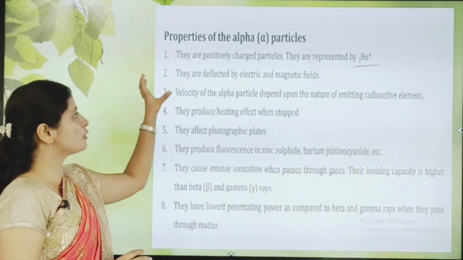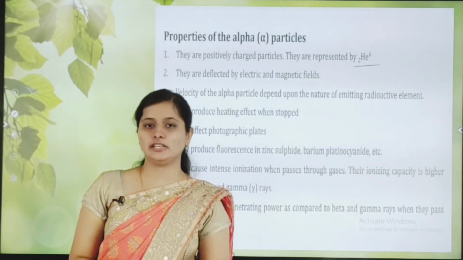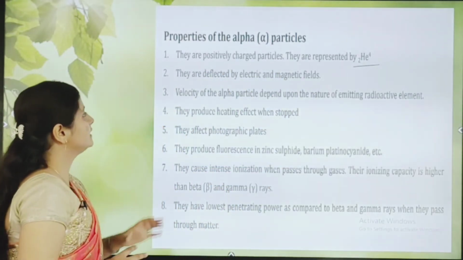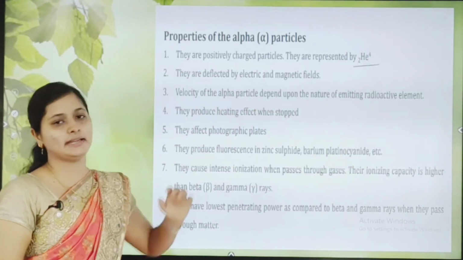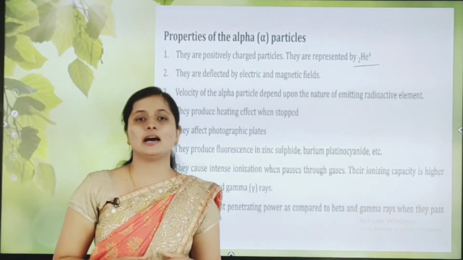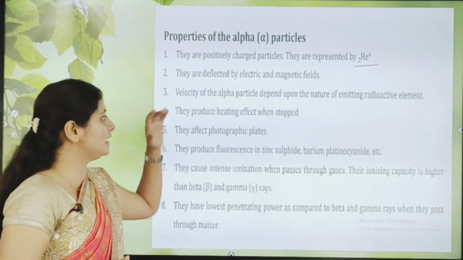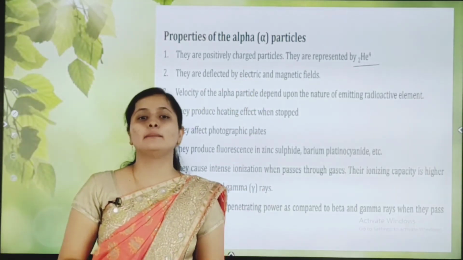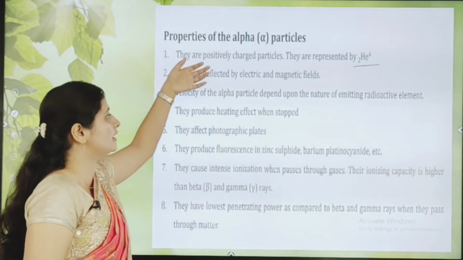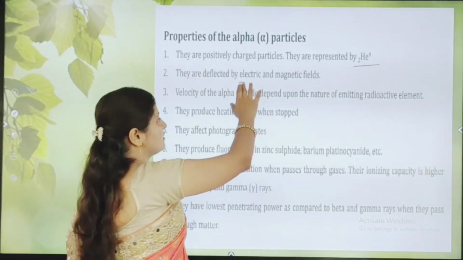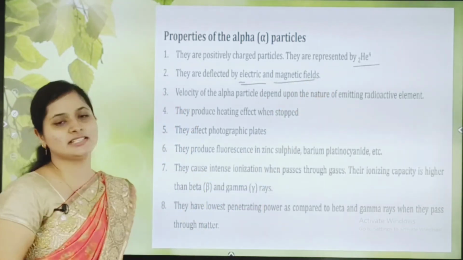So the first property is that it is positively charged and the atom is helium-24. Second, they are deflected by electric and magnetic fields. Alpha particles are deflected by what? Electric and magnetic fields. Why? Because it is positively charged. By that positive charge, it can be deflected by the electric as well as the magnetic field. Okay, that is the second point.